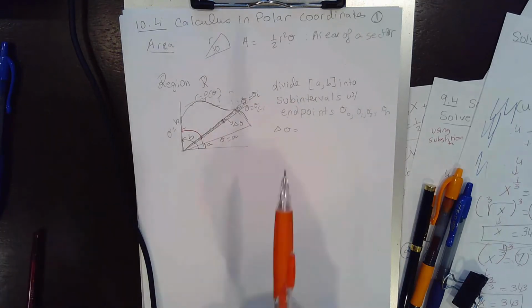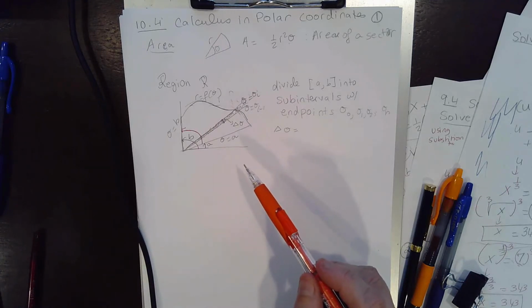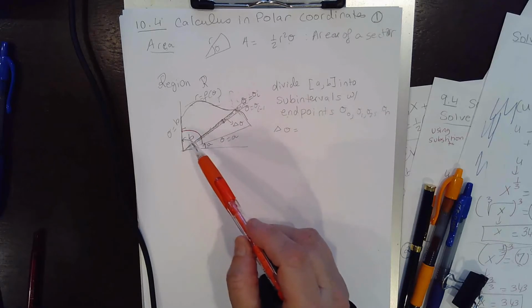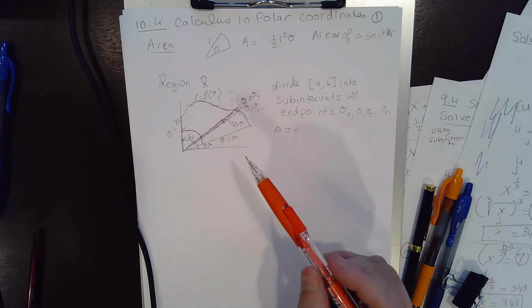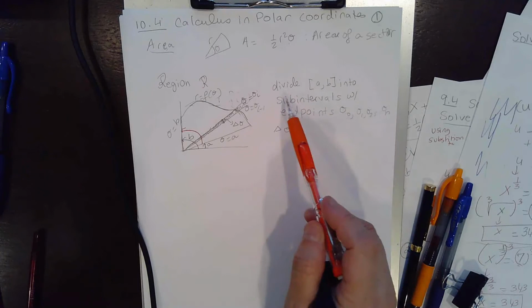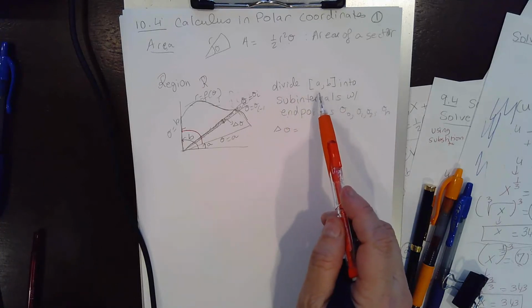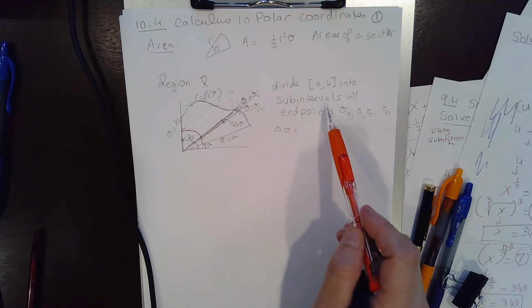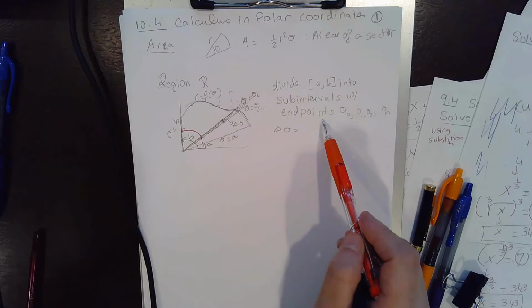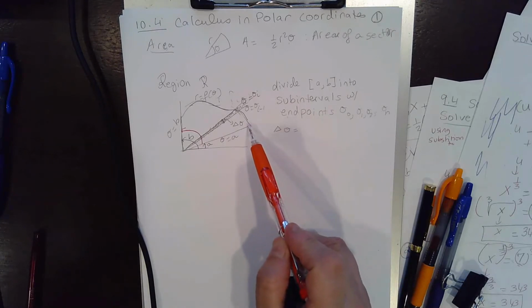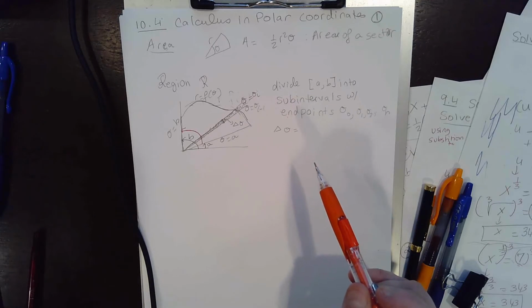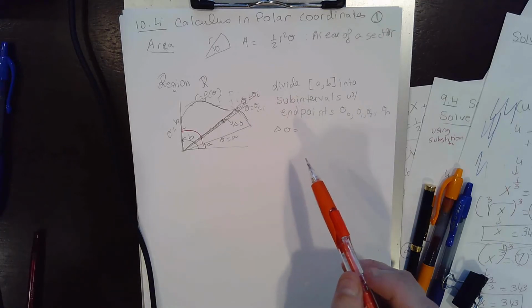So f is a positive continuous function. b minus a here is between 0 and 2 pi. If we go ahead and divide the interval [a, b] into n subintervals, with endpoints theta 0, theta 1, all the way to theta n, and they all have an equal width of delta theta.